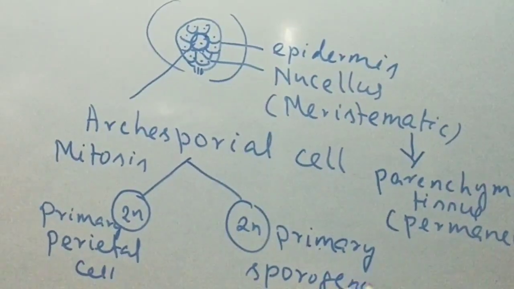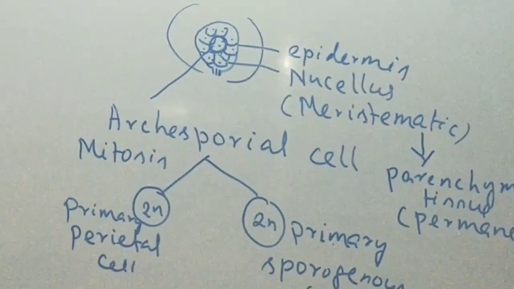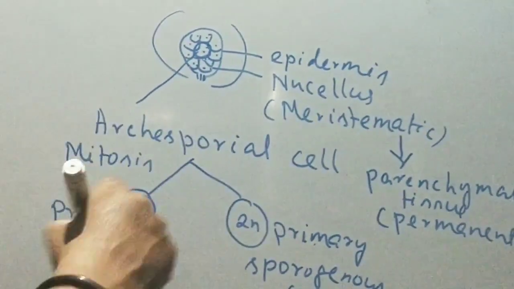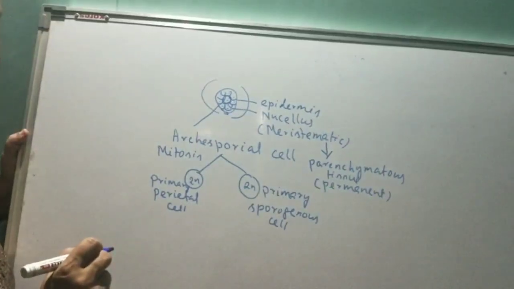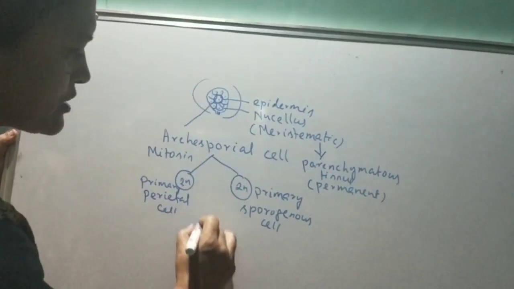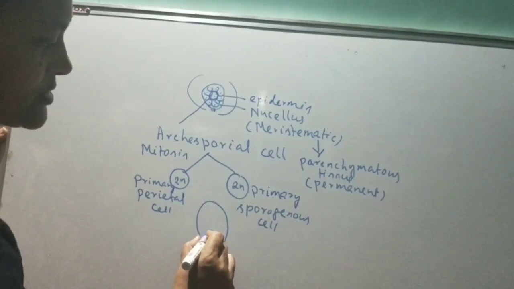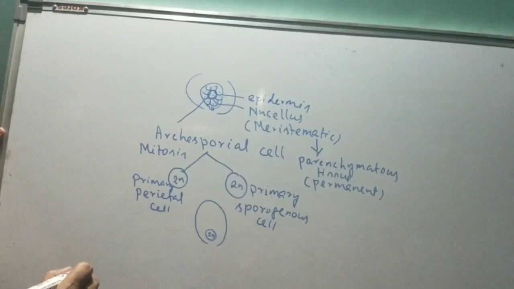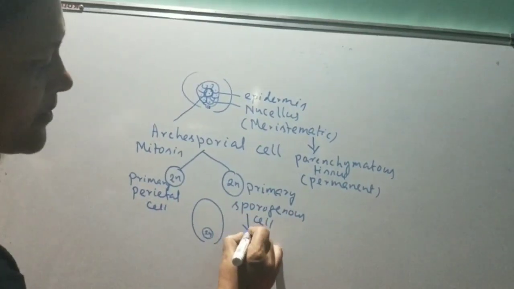The primary parietal cell will give the integument and other covering parts, and the primary sporogenous cell, having chromosome number 2n, is present towards the micropyle.